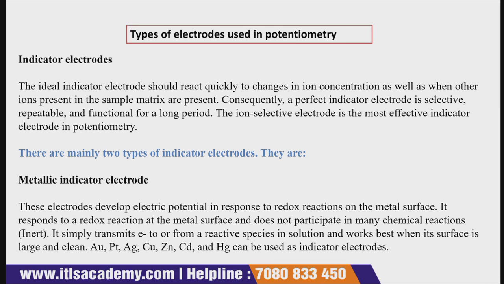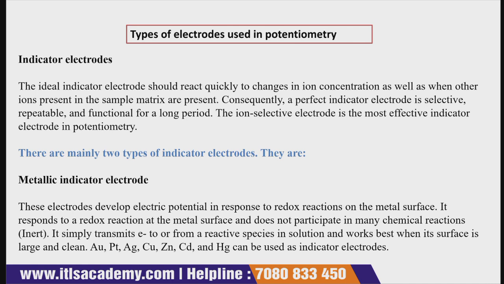Since the name suggests indicator, it indicates the changes that occur in the concentration of the ion, as well as when ions are present in the sample matrix. So any change in the concentration or in the sample, this type of indicator electrode can detect that change.